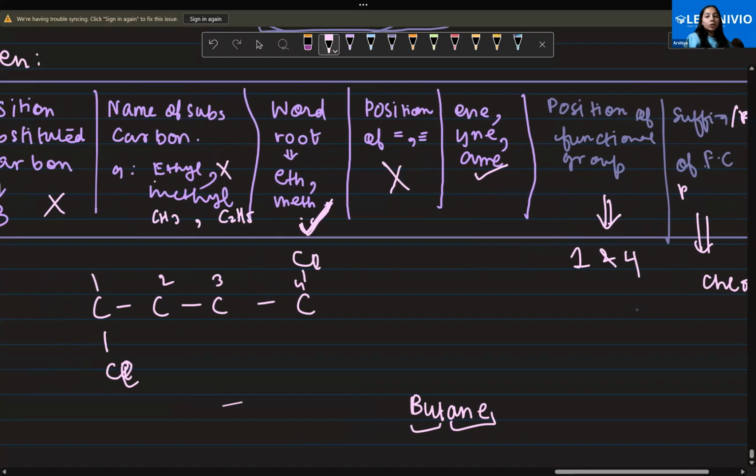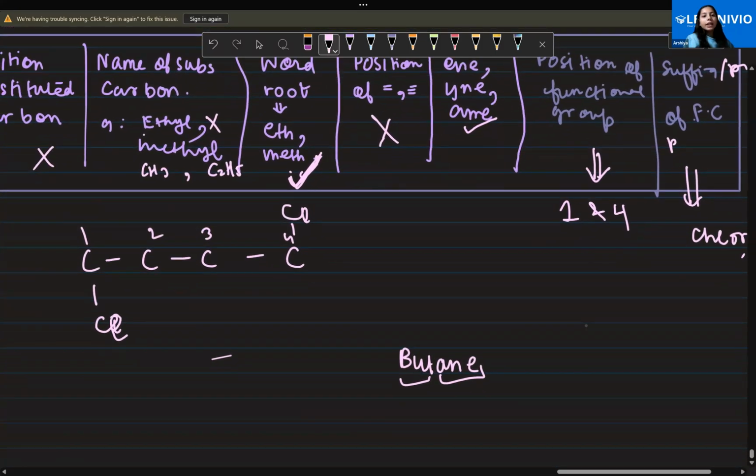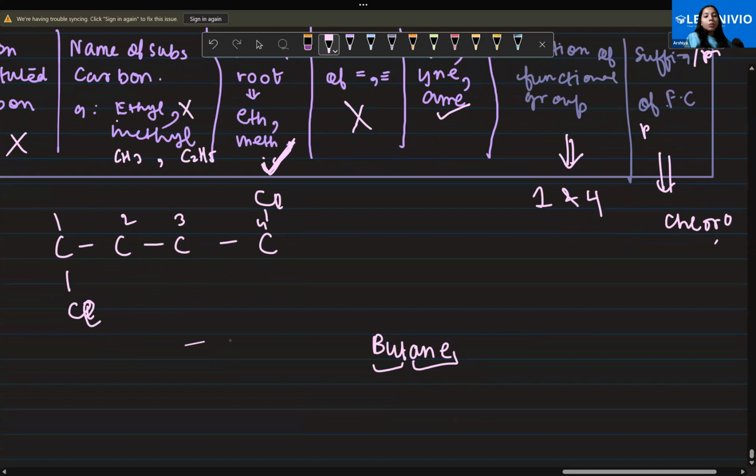One more thing. Now we have two chlorines. How will I write that? I will write it like 1,4. That means on both 1 and 4, I have chlorine. 1,4-dichloro. Di means 2. Can you see two chlorines? Yes, ma'am.